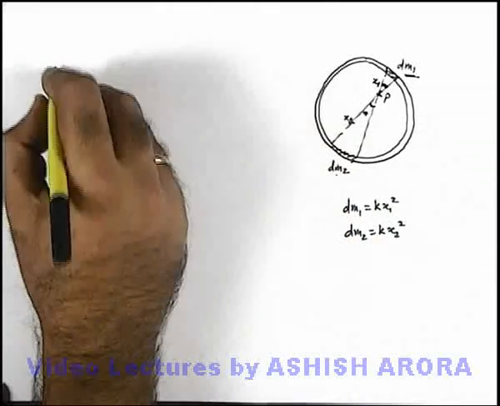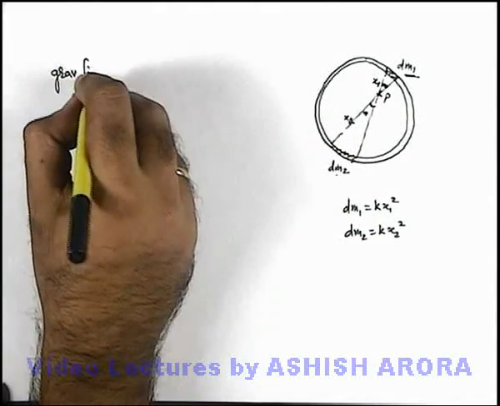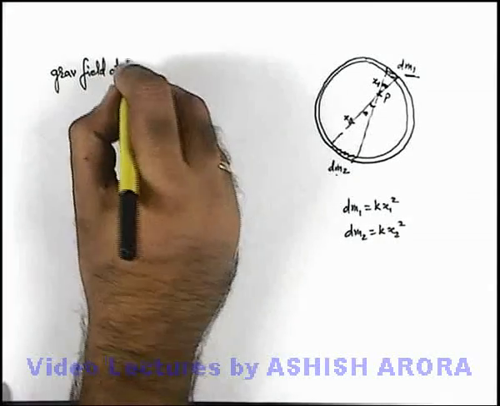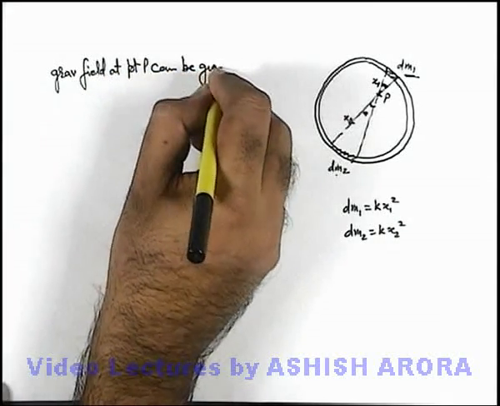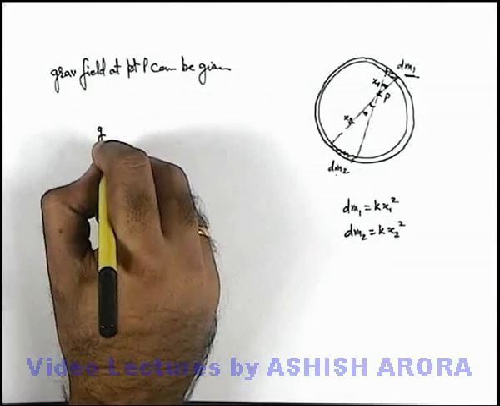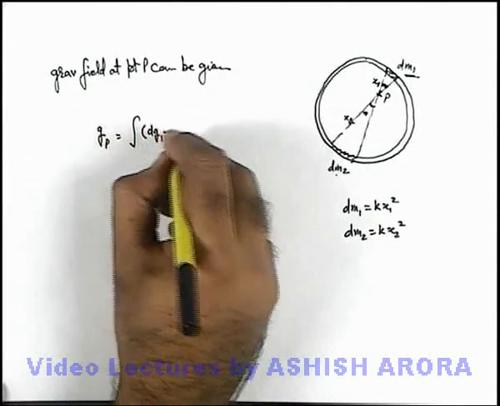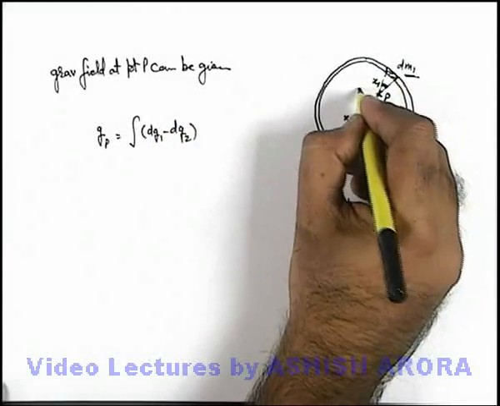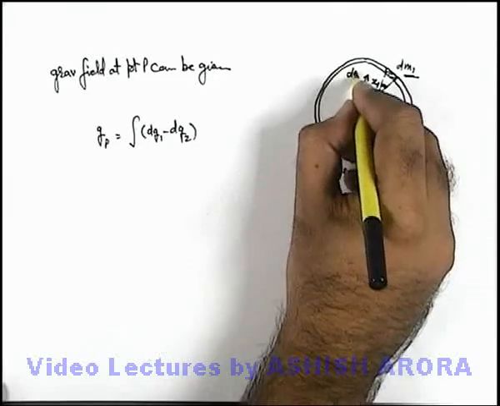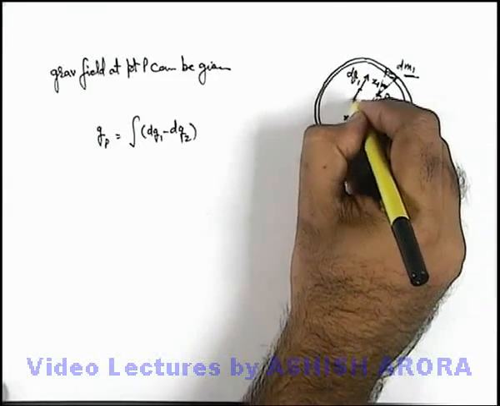Now in this situation we can simply state the gravitational field at point P, Gp, we can write as the integration of dg1 minus dg2, where dg1 is the gravitational field due to dm1 in this direction and dg2 is the gravitational field due to dm2 in this direction.